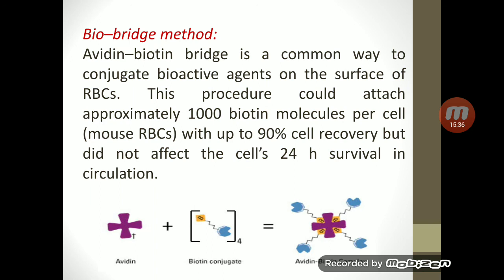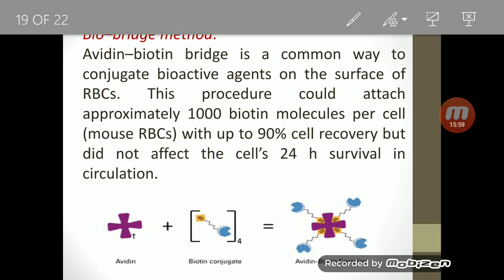So with that biotin conjugate, we can add drug molecule to the avidin biotin bridge, and that bridge will form a bond with the RBCs. In such a way, we can couple the drug molecule with the RBCs.